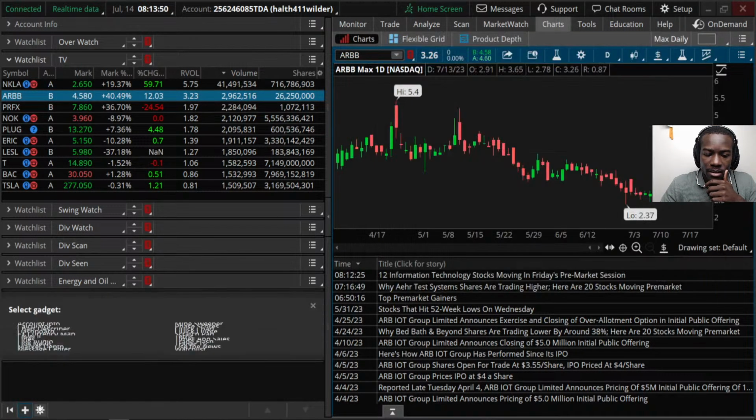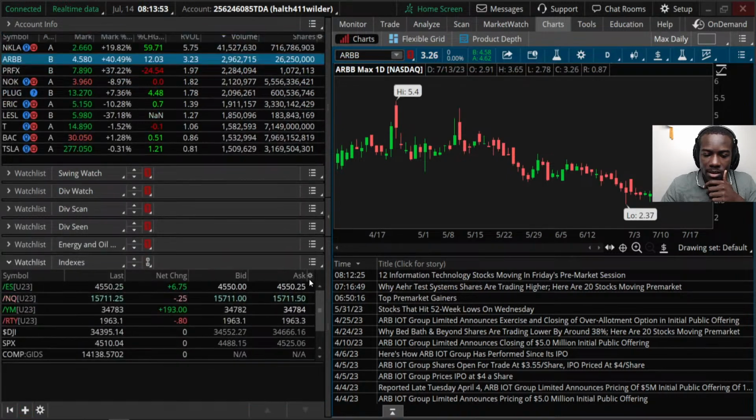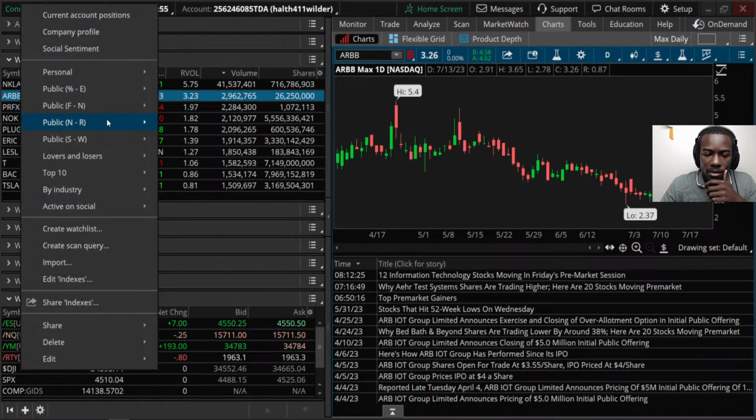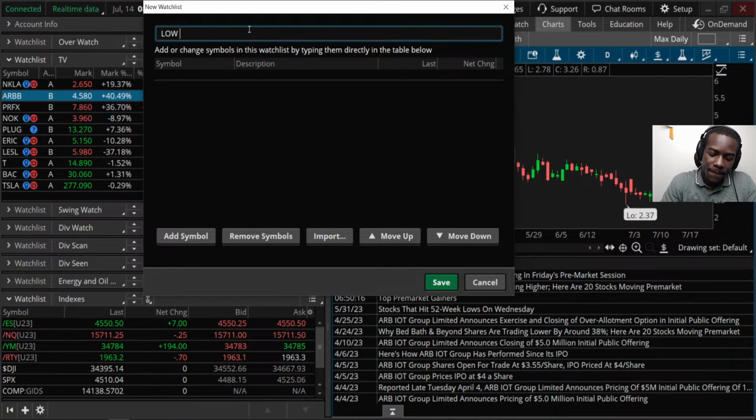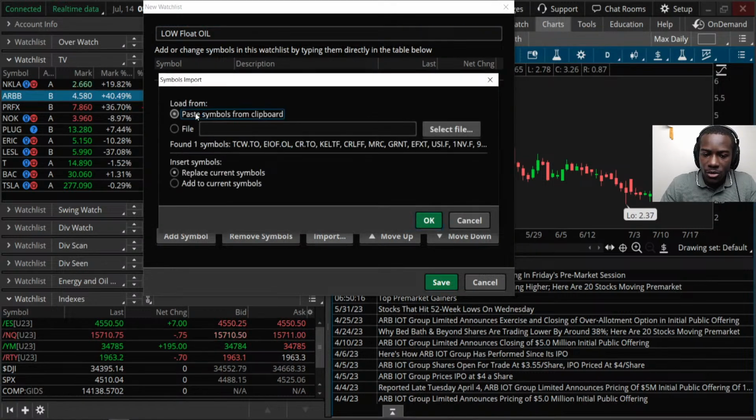And then I'll come out here to TOS and make a new watch list. And I'll go to create a watch list and we'll call it low float oil. And this is just for example. And you just import and you go to paste your symbols and it'll paste all those symbols. And did it get all of them? I think it did.